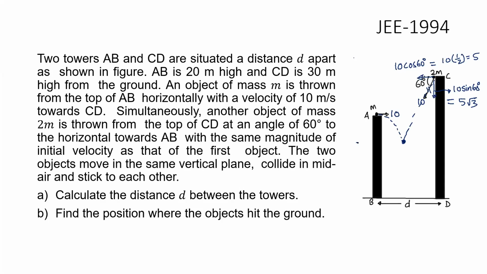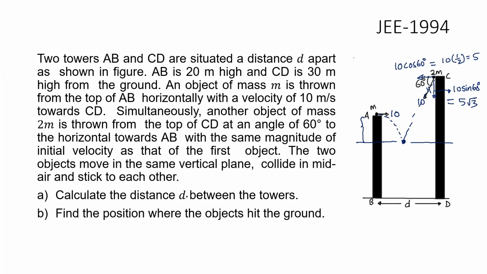Now if I take the vertical displacement of the particle projected from A and the particle projected from C, and take the difference of these vertical displacements, I should get the difference in the heights of the towers. I think that is understood, right?